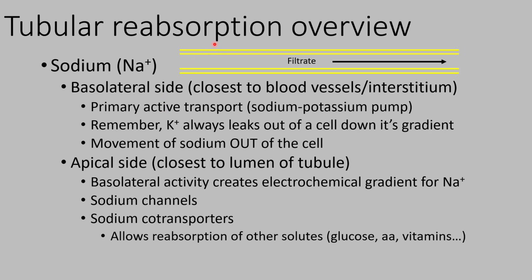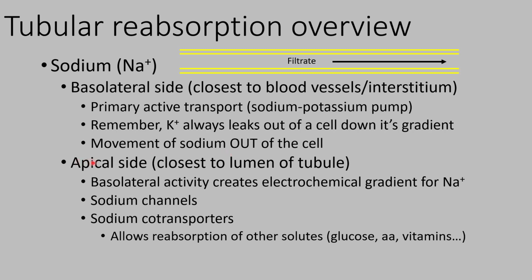It moves 2 potassiums into the cell. Now, remember, potassium is always leaking out of a cell. It leaks down its gradient. So movement of sodium is out of the cell.